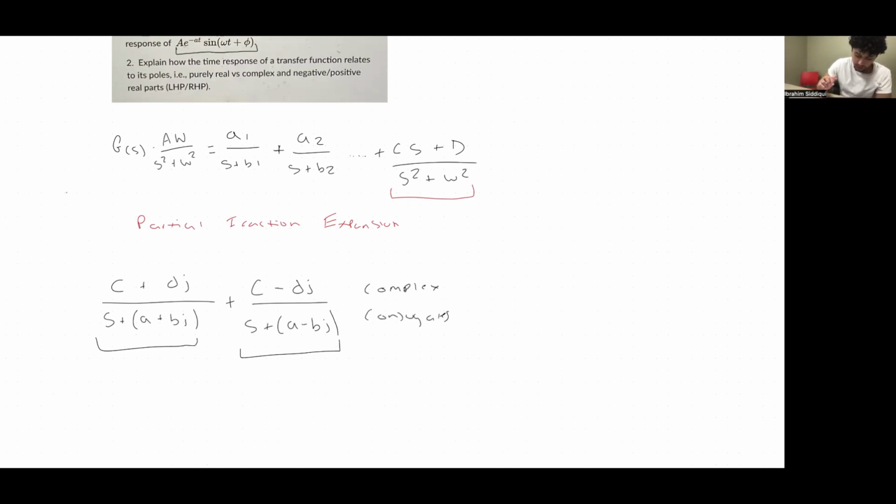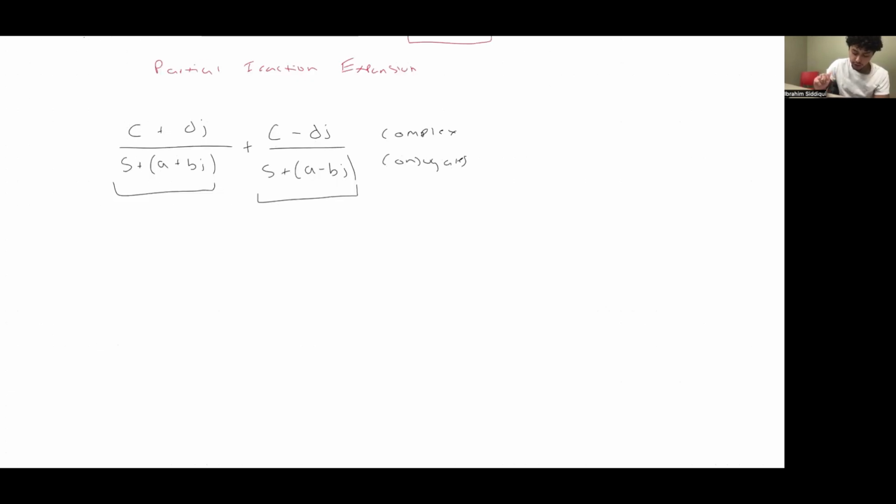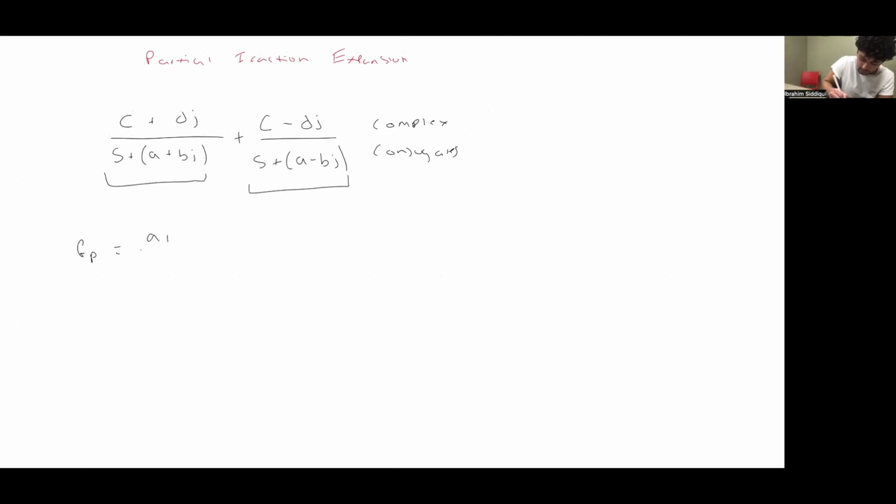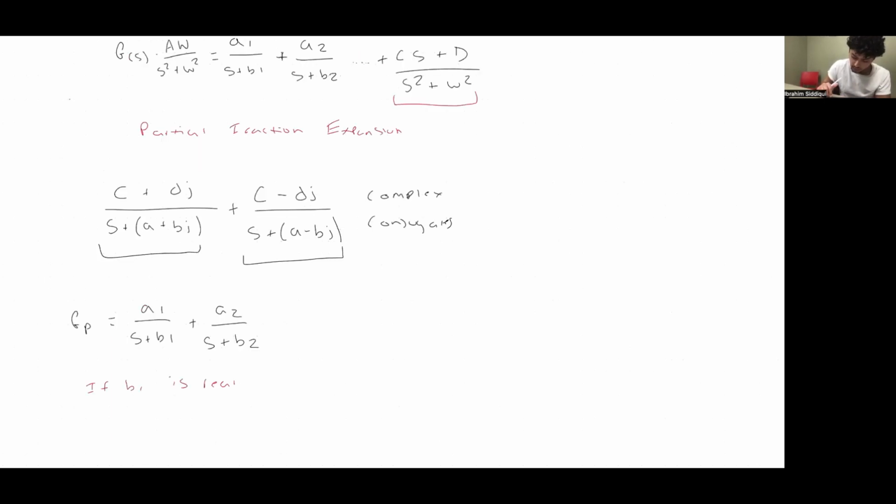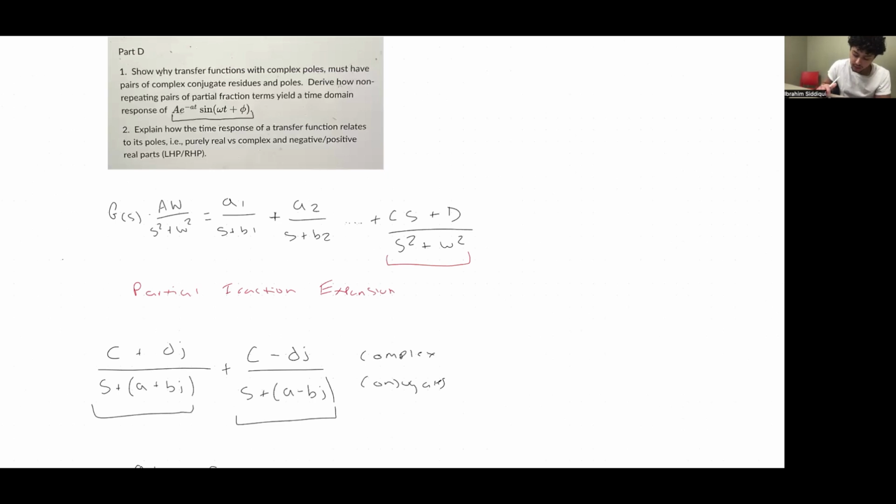Okay, so what we want to do now is set up our transfer function for our process side. So this is going to be defined as Gp equal to A1 over s plus B1 plus A2 over s plus B2. And we're going to want to set up some conditions. If B1 is real, and this is going to come into part of our poles, purely real versus complex, and which ones are negative and positive parts.